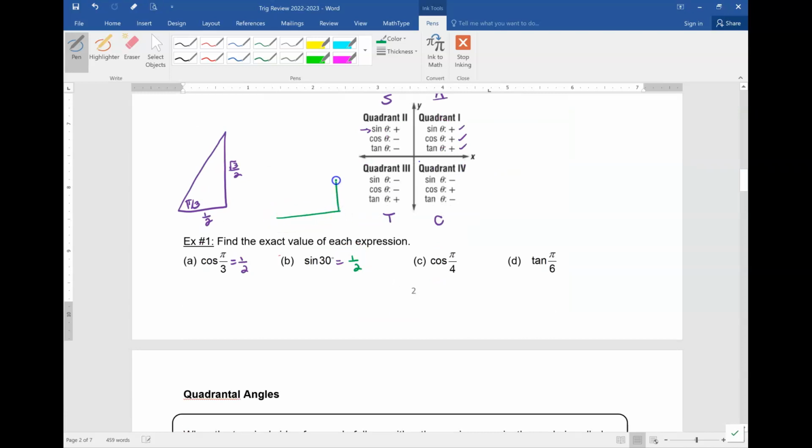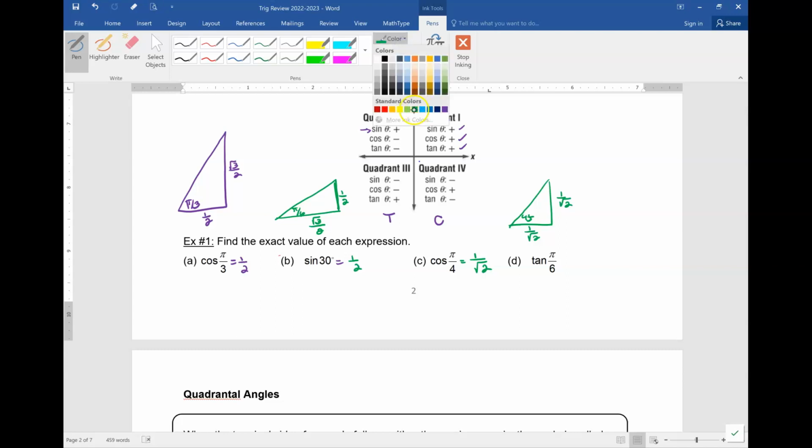Again, if you want to draw yourself a triangle with pi over 6 or 30 degrees, now the sides are switched. Short is facing the small side. Sine is the opposite, 1/2. Okay, cosine of pi over 4, again going with the triangles for the pi over 4. It's 1/√2, 1/√2. So that's 1/√2.